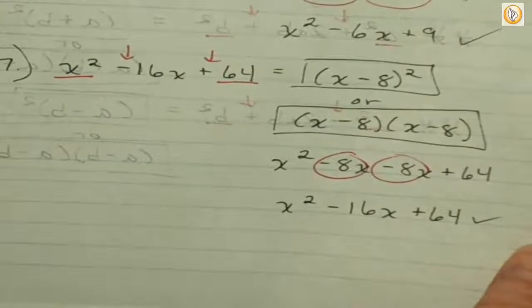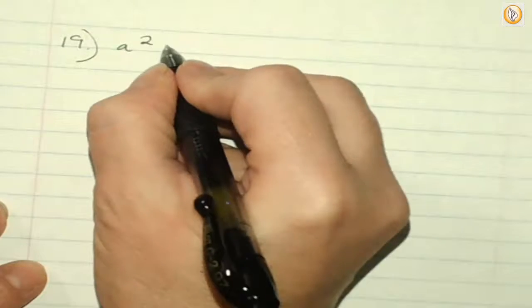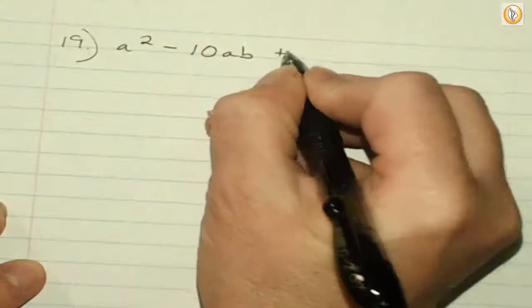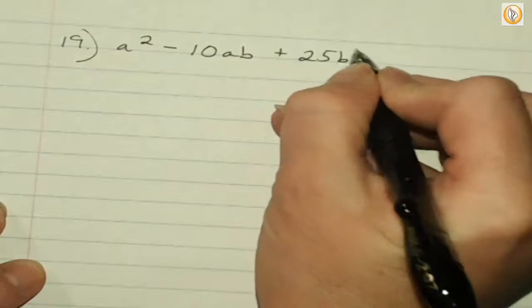Does everyone have this? All right, 19. Gabby. We have a squared minus 10ab plus 25b squared.